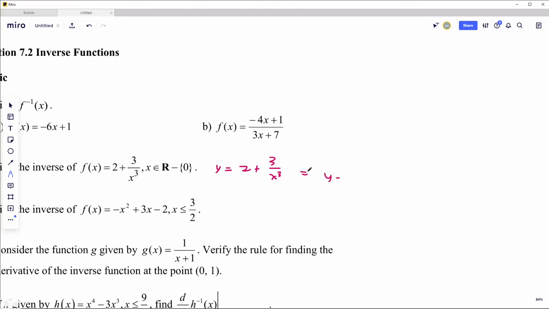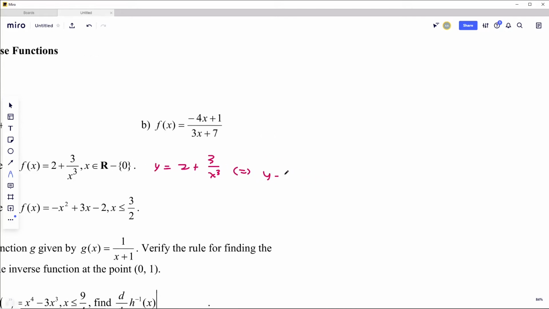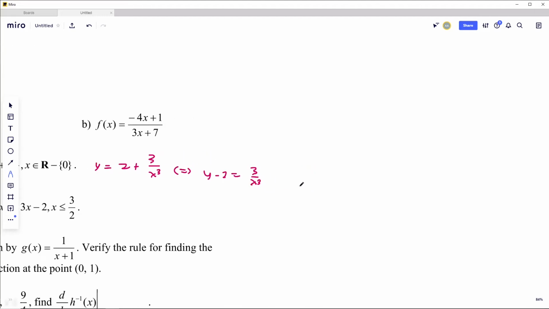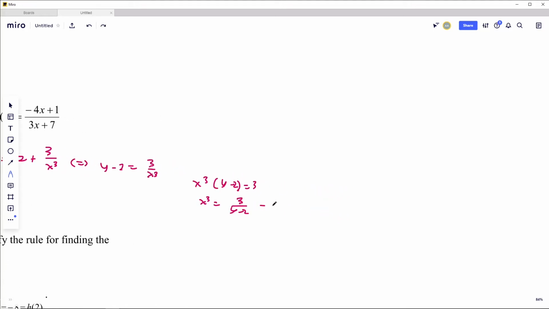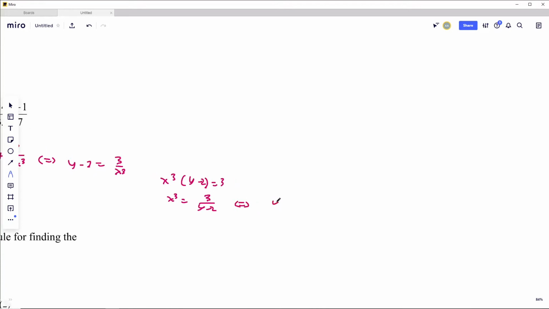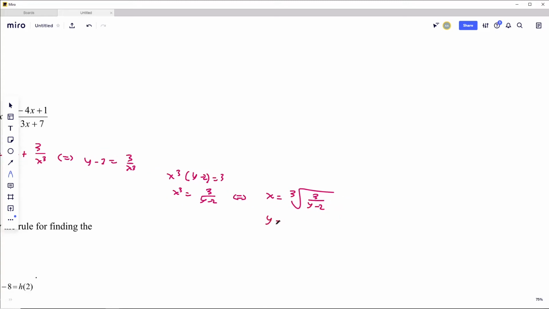So y minus 2 equals 3 over x cubed, and then just take it to the other side, so x cubed times y minus 2 equals 3, divide, x cubed equals 3 over y minus 2, then cubic root of that, so x equals the cubic root of the entire expression, 3 over y minus 2, and then interchange. And yep, we're done.